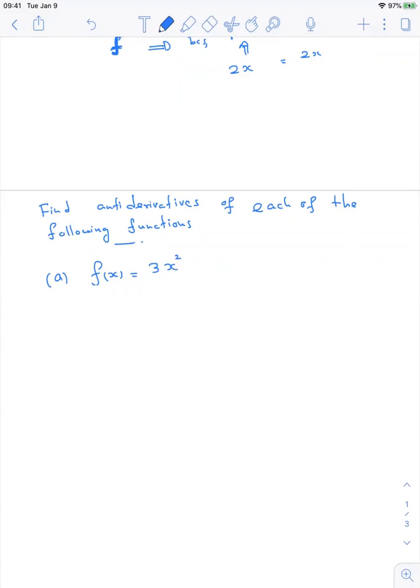That means you have to find a function called F(x), and when you differentiate that particular function, you should get this answer. Now what should the function F(x) be equal to? There should be a function, let me have a blank box here, that when you differentiate it, you get the answer 3x squared, which should be equal to f(x) once again.